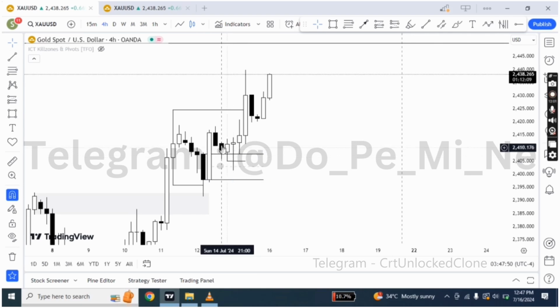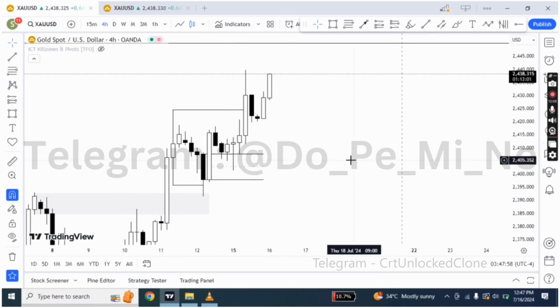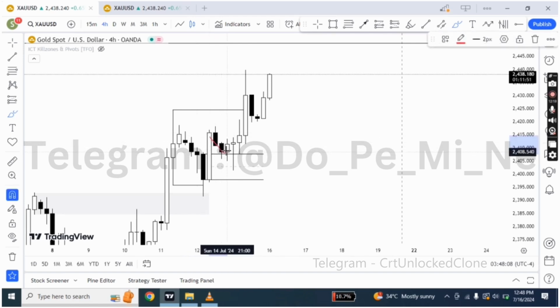Now what I'm trying to tell you here is that you should not force a trade idea right here. Let me explain it to you, right? If you are right here and price hadn't done this price action right here, then you would be expecting higher prices straight away, because price tested a key level and now it's going to go higher, even though the mean threshold isn't tested yet, right?